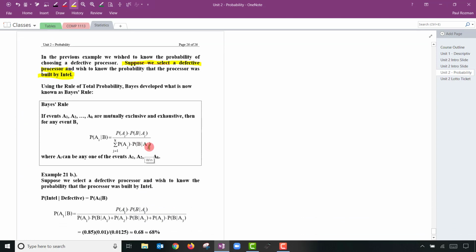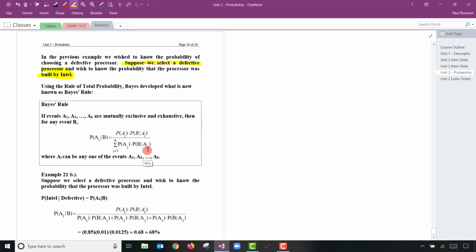The formula here, we want the probability of Intel given that it's defective, which is the probability that we get a chip from Intel that is defective, and then we divide that by all the different ways that we can get defective chips. That's the secret to this.